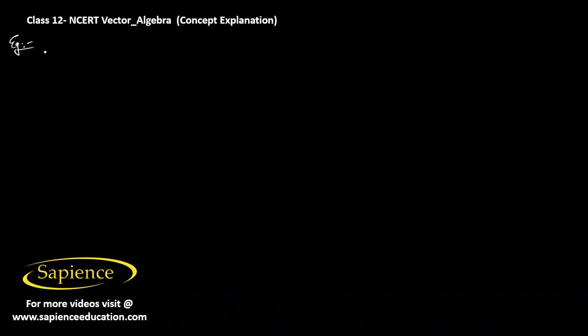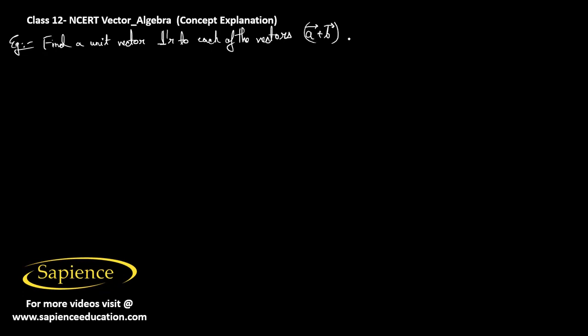Suppose it is asked to find a unit vector that is perpendicular to each of the vectors a vector plus b vector and a vector minus b vector, where a vector is given as i cap plus j cap plus k cap, and vector b is given as i cap plus 2j cap plus 3k cap.